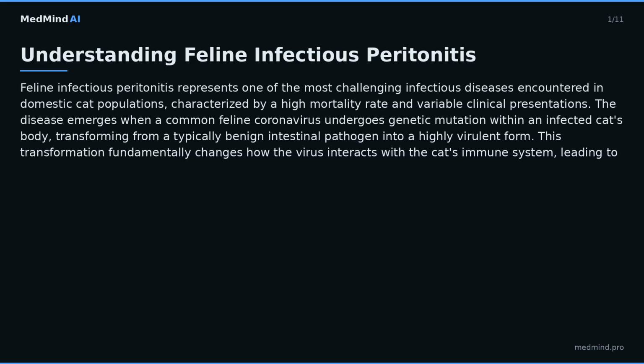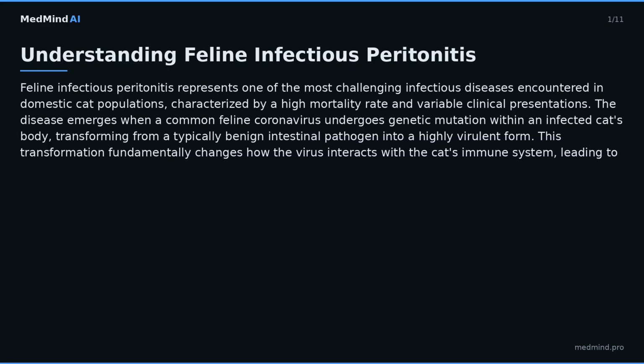Understanding feline infectious peritonitis. Feline infectious peritonitis represents one of the most challenging infectious diseases encountered in domestic cat populations, characterized by a high mortality rate and variable clinical presentations. The disease emerges when a common feline coronavirus undergoes genetic mutation within an infected cat's body, transforming from a typically benign intestinal pathogen into a highly virulent form.